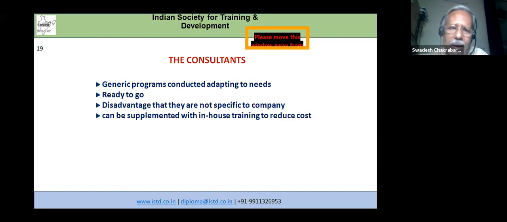So when a consultant is hired, the consultant must be talked with, discussed with, and their knowledge must be adapted to the needs of the specific organization as required, right? The consultants should be ready to go, in the sense that by consulting and discussing with them, everything must be ready and delivered.